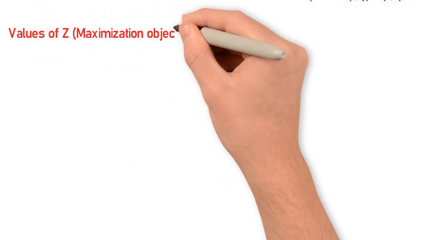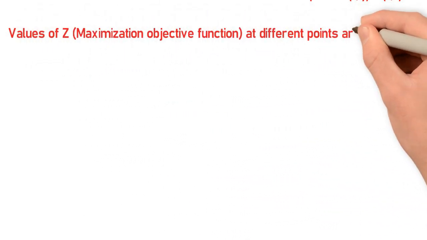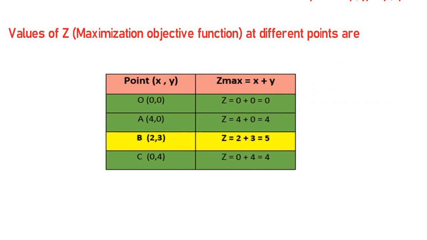As we have the coordinates of O, A, B and C, we have to calculate the different values of Z. As shown in the table, there are two columns, one for coordinates and one for z max, that is our objective function. Now first point is O, with coordinates 0, 0.